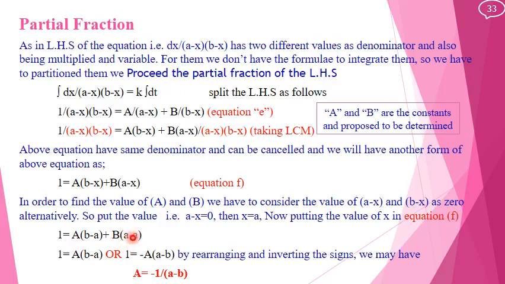A minus a will be cancelled out, and by multiplying B with 0 we have nothing to write, but A into (b minus a) remains. 1 is equal to A into (b minus a), or 1 is equal to minus A into (a minus b), and by rearranging we can write A is equal to minus 1 over (a minus b). This is the value of A which was proposed in the partial fraction.